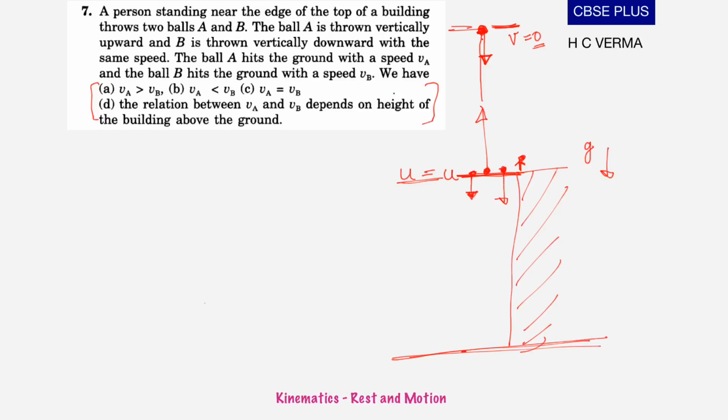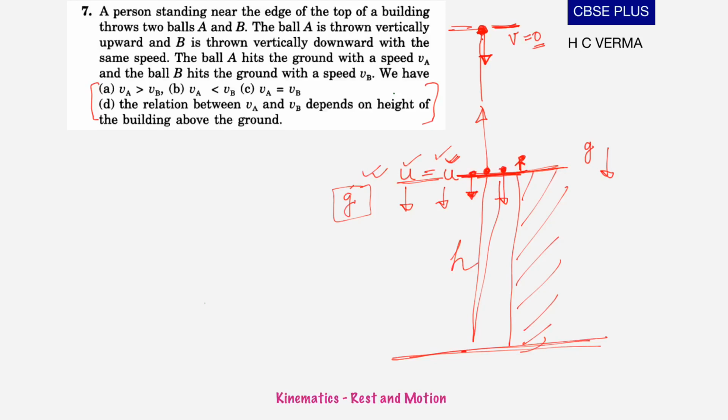So at the level of the top of the building, both the balls will have the same speed, which is u, and in the same direction also, and acceleration due to gravity will be g for both the balls. Because g is universal, one property is common. Then we have g, that is also common. Then suppose the height of the building is h, so that is also common.